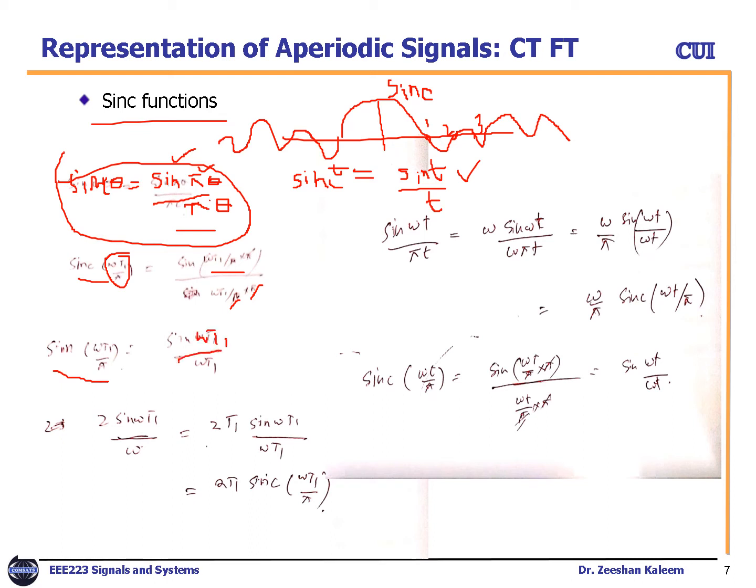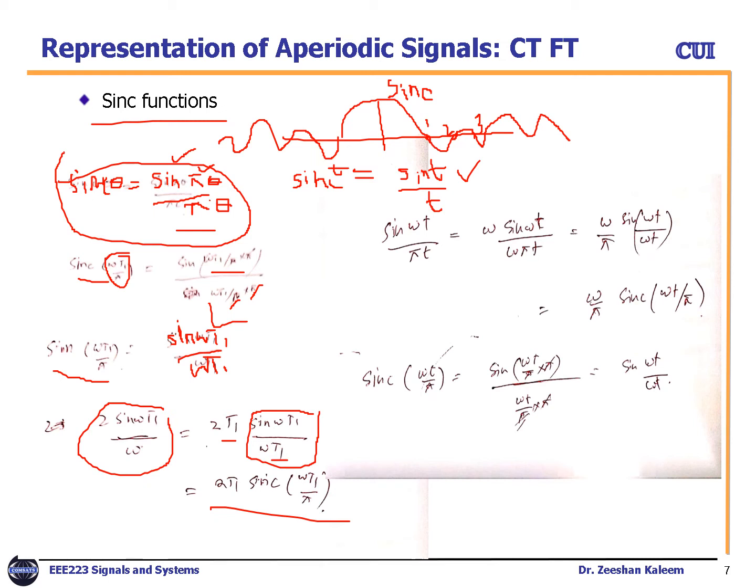So we can write sine omega t1 over t1 equals, using the sinc function, sinc of omega t1 over pi times omega t1 over t1... You have noticed that when you solve the inverse Fourier transform, you get sine omega t1 over omega. So just multiply by t1 and divide by t1, so it becomes equivalent to this one, right? So you can replace it with sinc of omega t1 by pi. So it is equivalent to 2 t1 sinc of omega t1 over pi.